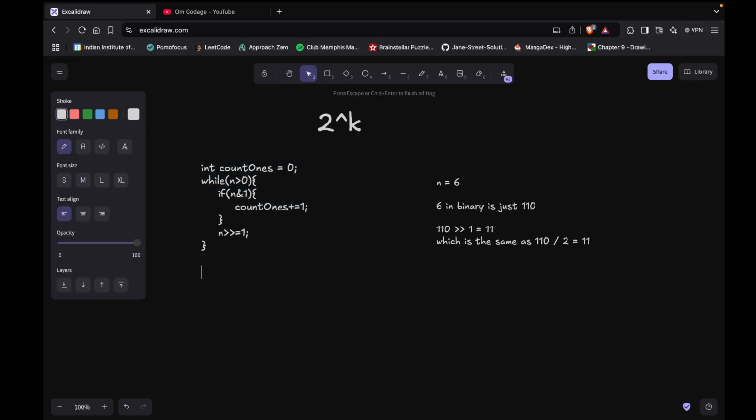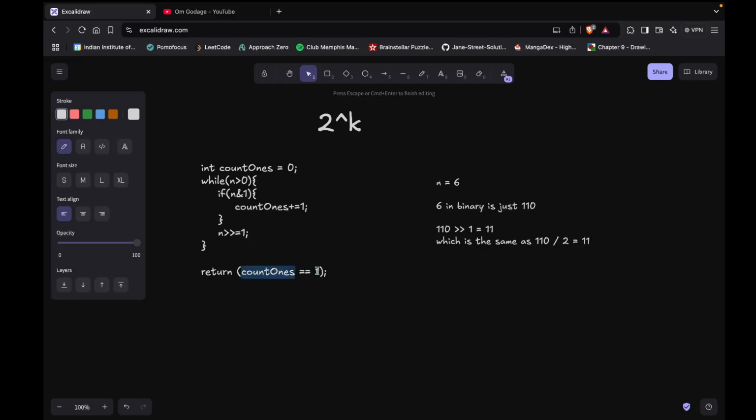So at the end, what you can do is return count ones equal to 1. If count ones is equal to 1, then you have only one 1 in your whole binary, in your whole n, in its binary form, and so it is a valid tile, and you will return true.